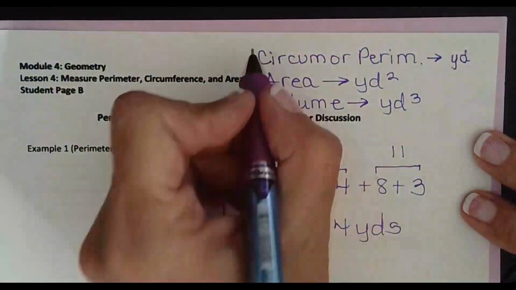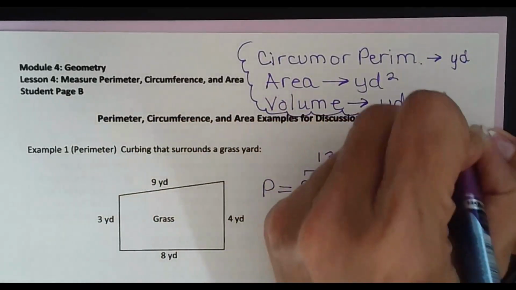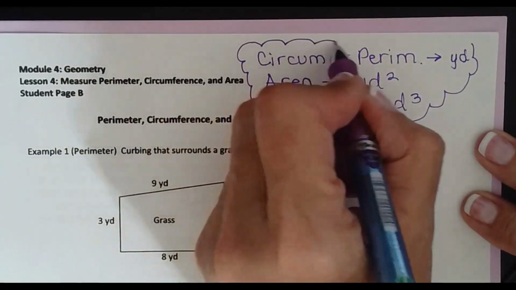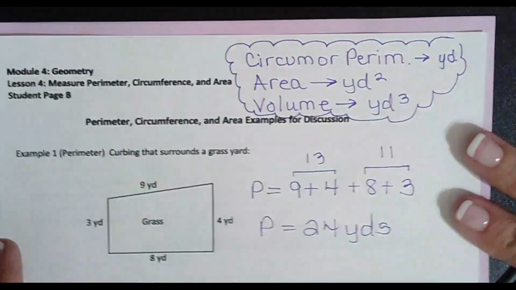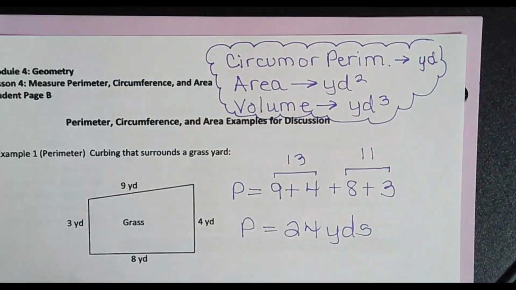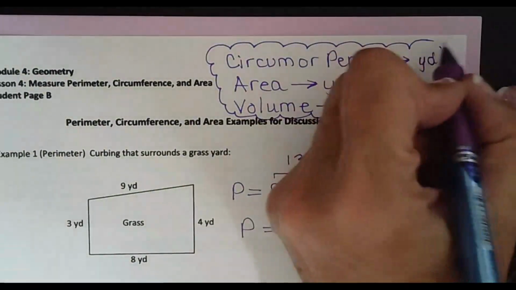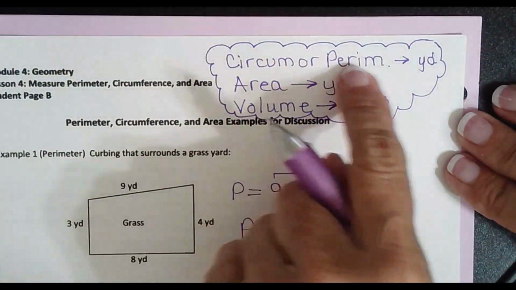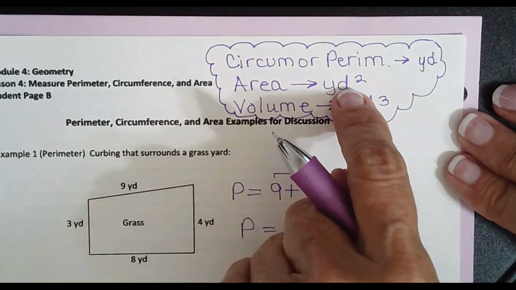So this is super important to know because you have to know it for your test. Alex has you write an answer, then it has you use a drop-down menu to determine what the units are. So they'll have yards, they'll have yards squared, they'll have yards cubed, and then maybe they'll have feet squared or something like that. But you have to pick which one's appropriate. So circumference, perimeter, just keep the units. Area is like square footage.